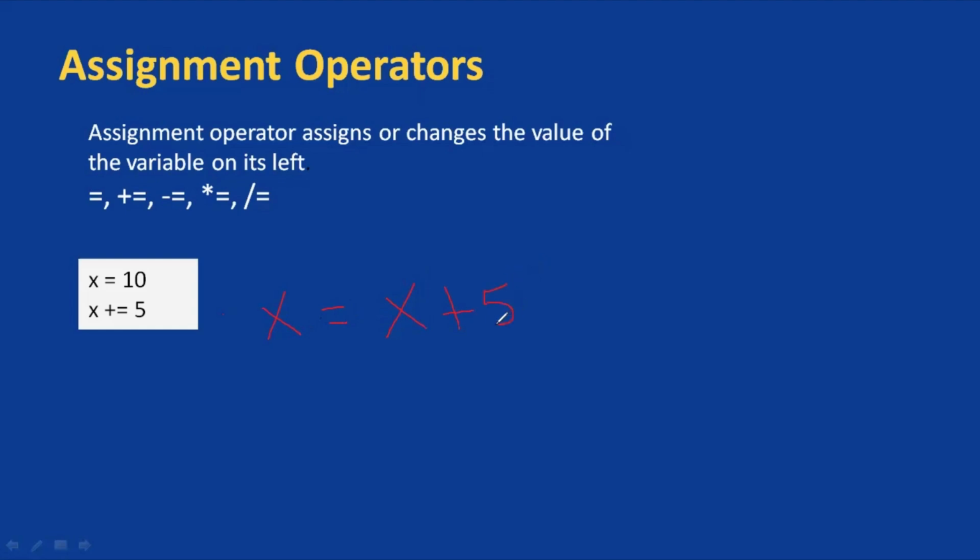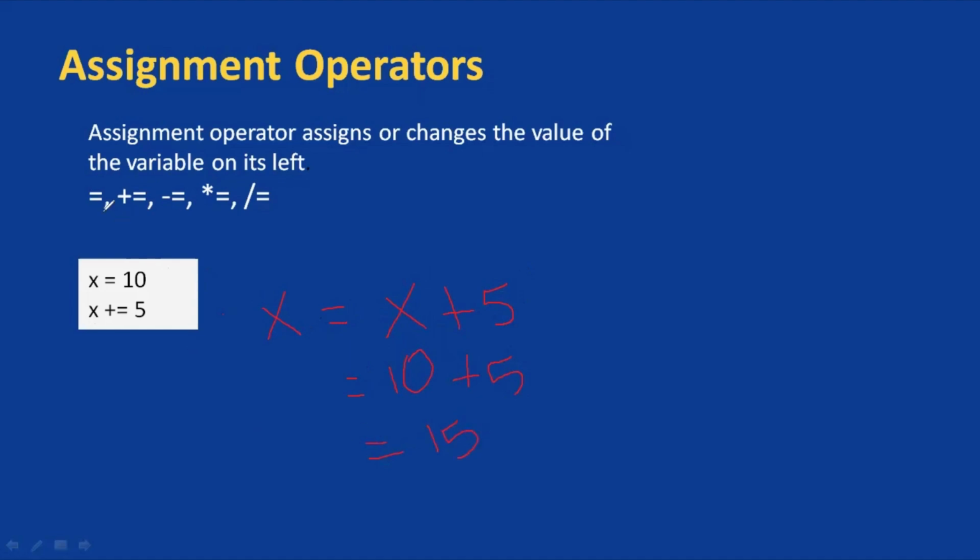Here we already have the value of x equal to 10. So here I have given the value of x as 10, and here we already have 5. So what will be the output? We will get 15. Likewise, this assignment operator is working.